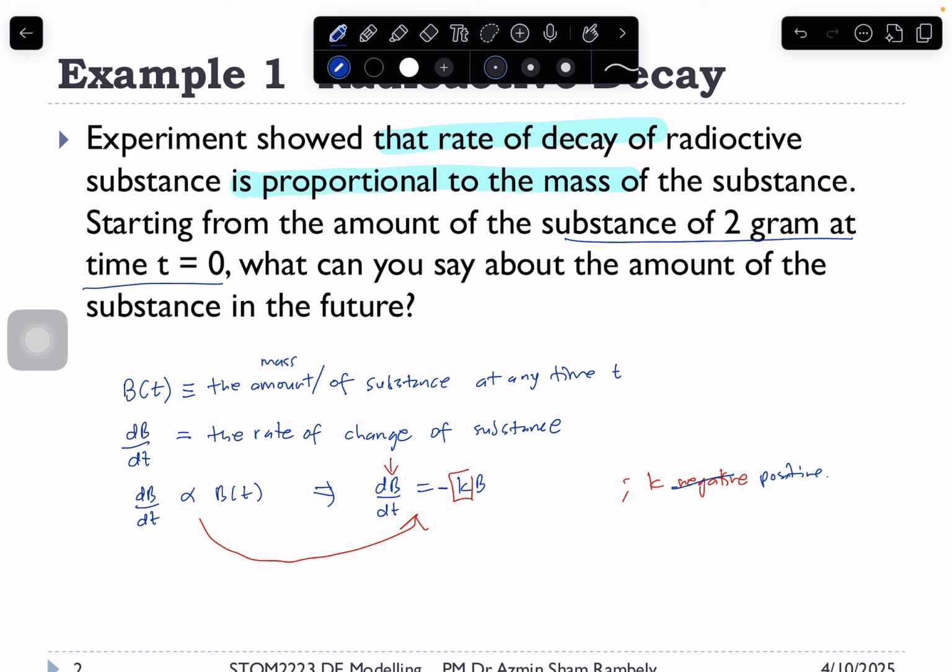So the rate of change of B is equal to minus KB. This is what is given.